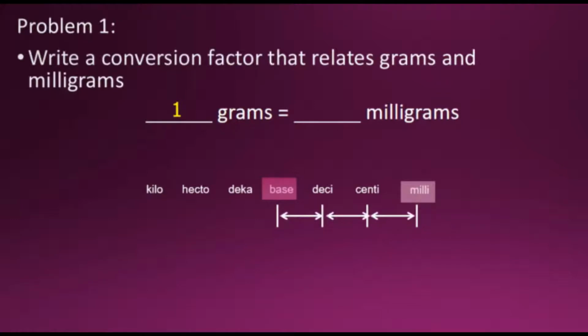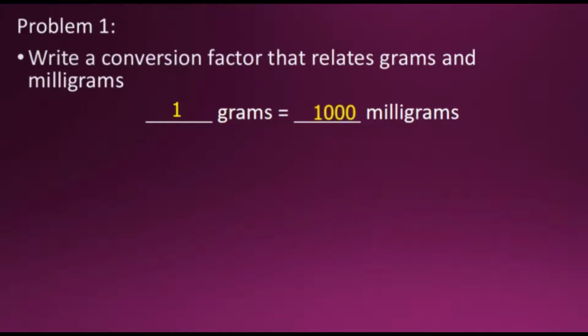Each space is a multiple of 10. Note that there are 3 spaces between base and milli. The missing conversion factor number then is found by multiplying 10 times 10 times 10, which gives us 1,000. That's it. We finish by writing the 1,000 in front of the milligrams, since 1 gram is equal to 1,000 milligrams.